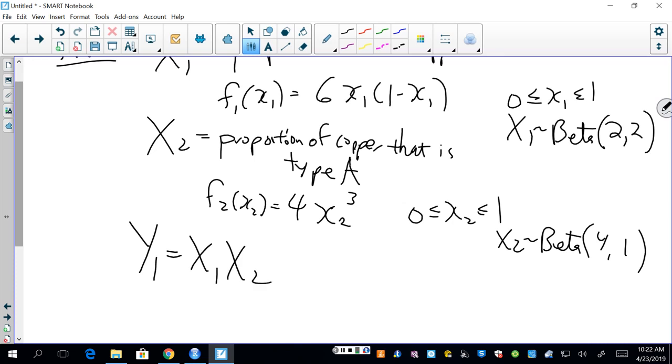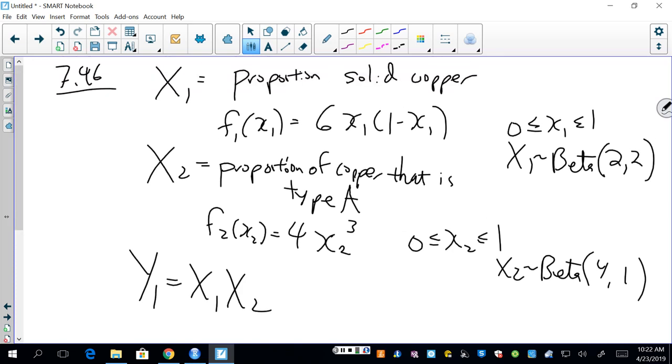So if x1 is the proportion of solid copper, and this one is the proportion of the copper that is type A, this high quality one, then the product, proportion copper times proportion that's type A, would be the proportion type A copper out of the entire thing.